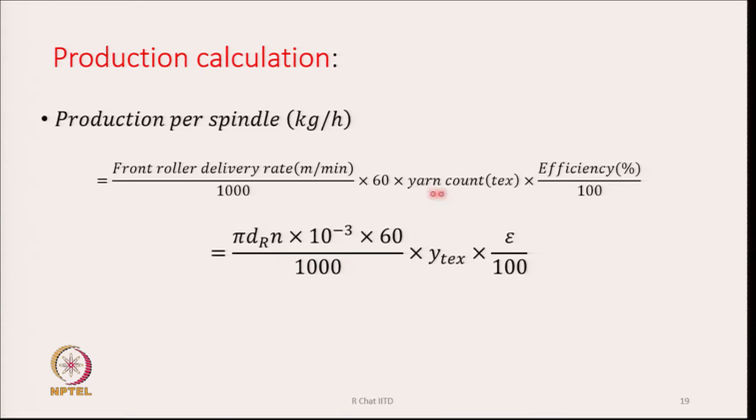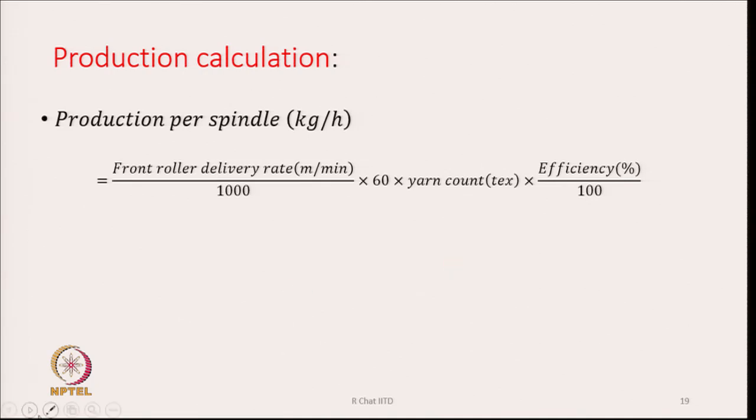So, these factors are important: front roller delivery in meters per minute, then the time unit is hour, so multiplied by 60, then comes the yarn count in tex system, and then the efficiency factor. If we take these things into account, then this is going to be pi D r n 10 to the power minus 3 into 60 by 1000 into yarn count in tex.